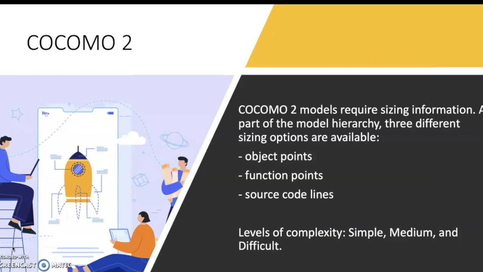Like function points, the object point is an indirect software measure that is calculated using counts of the number of screens, reports, and components that are likely required to build the application. Each object instance, for example, a screen or report, is classified into one of three levels of complexity: simple, medium, and difficult.